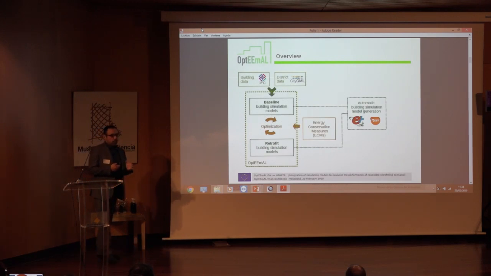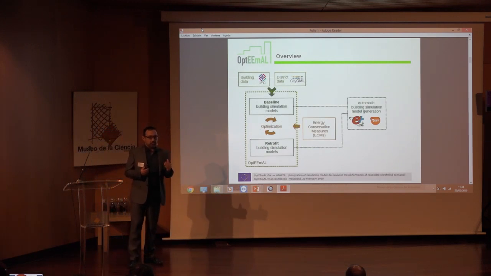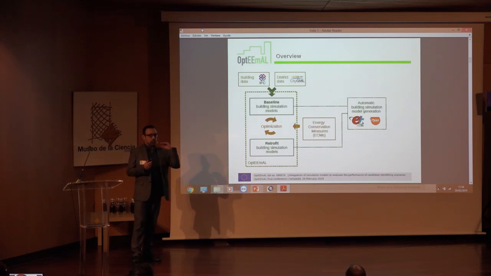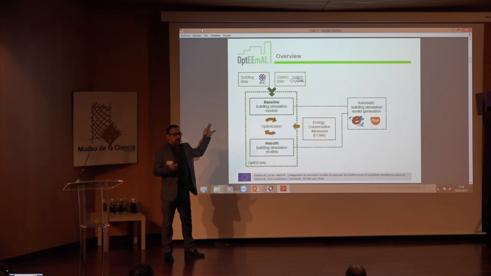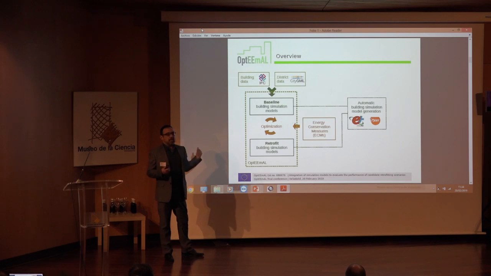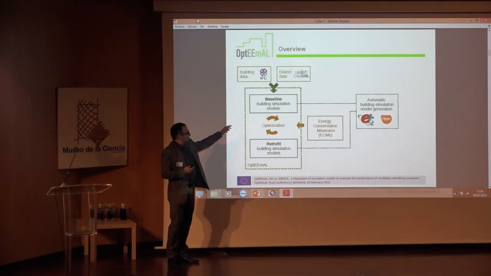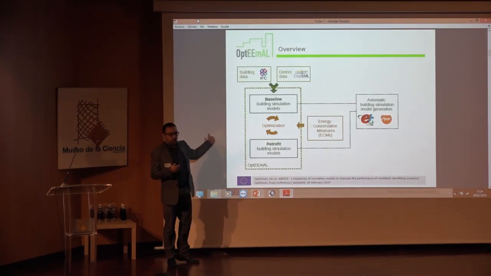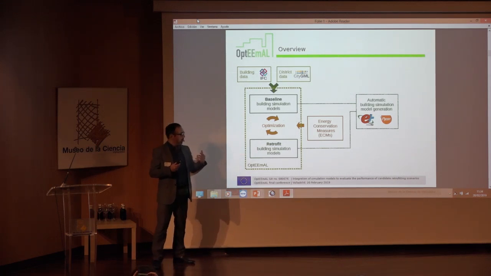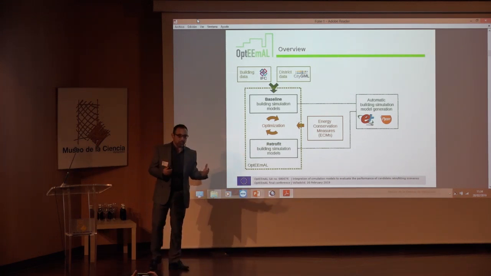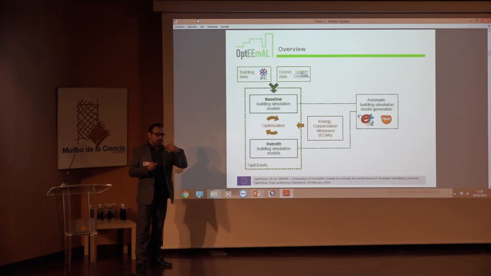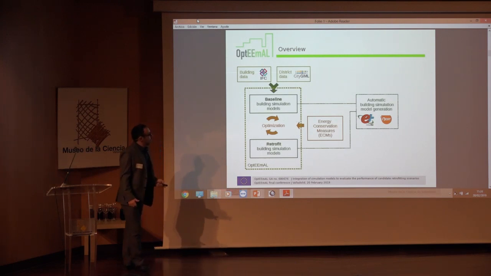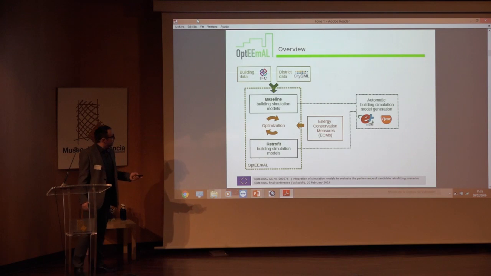So where in OptEEmAL do we need building simulations? We need them basically in two stages. One is the initial stage where we assess the building in the baseline stage, as they are. And then also during the optimization, where we apply the retrofit measures, we need building simulations in order to assess the retrofit measures, called energy conservation measures.